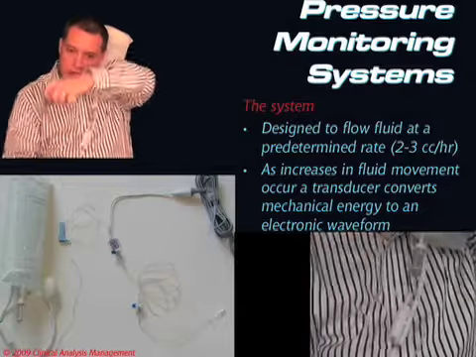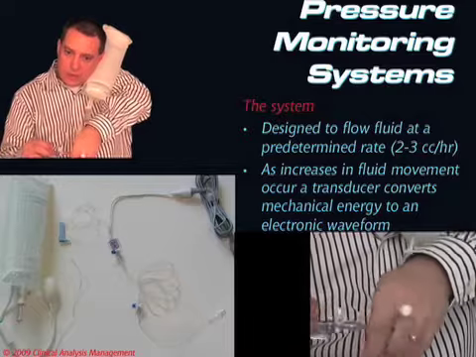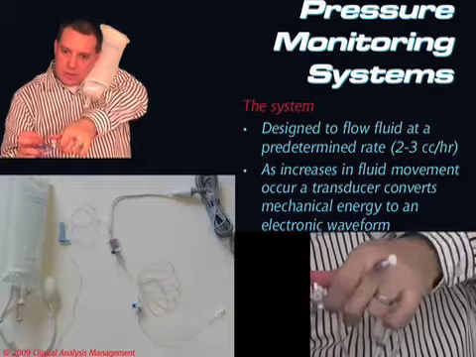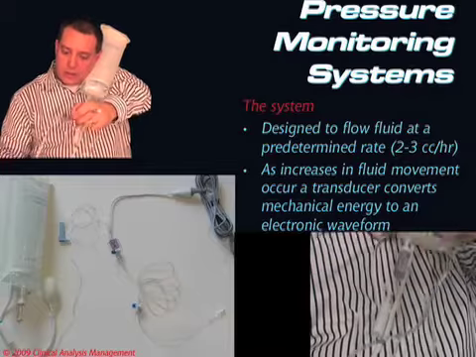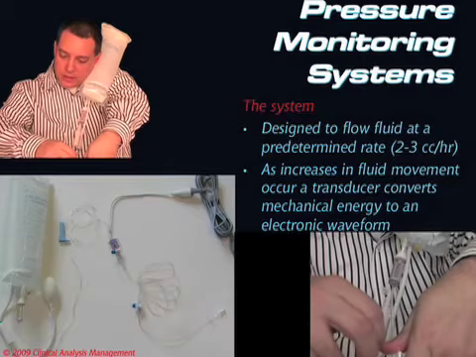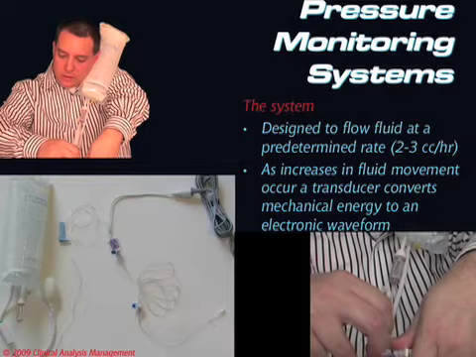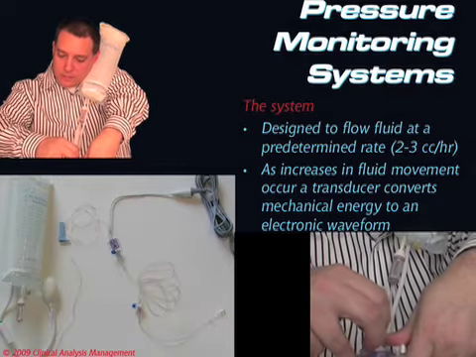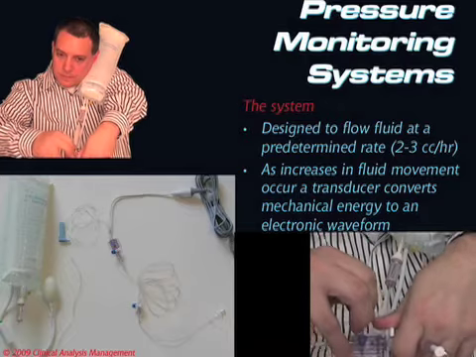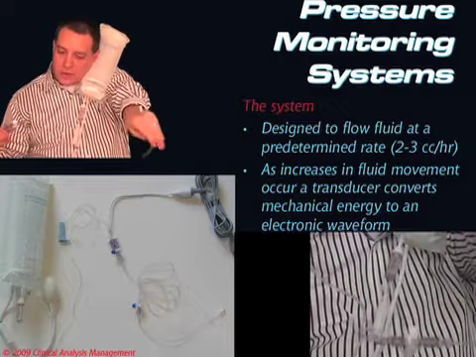Now the line is under pressure, so lo and behold, when we pull, you'll see that fluid shoots right out. So now it's all under pressure, and we want to make sure again we've got all the air out of the line. So we're just going to let it run here and get all the air out of it. Almost have all the air out. Okay, so now all the air is out of the line.